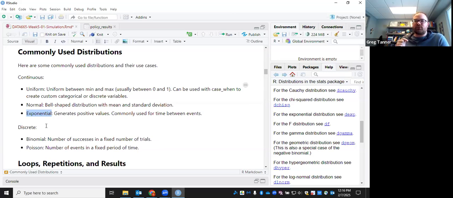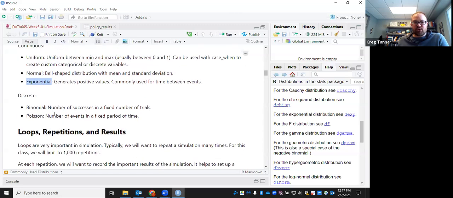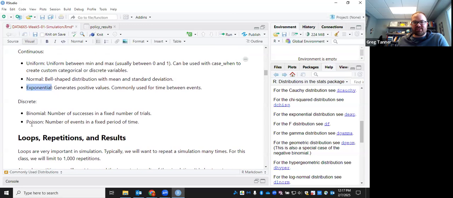Especially if you're doing anything with a continuous time clock, where you need to move forward to some next event that's some amount of time in the future, but not a fixed amount of time, you can use an exponential distribution to do that. Really powerful for queuing systems, and we'll have a lecture just on exponential distributions when we talk about queuing theory this week. Some examples of discrete distributions are the binomial and the Poisson distribution.